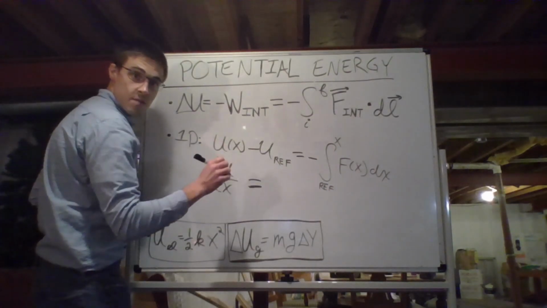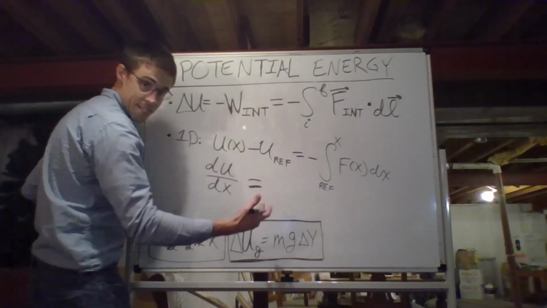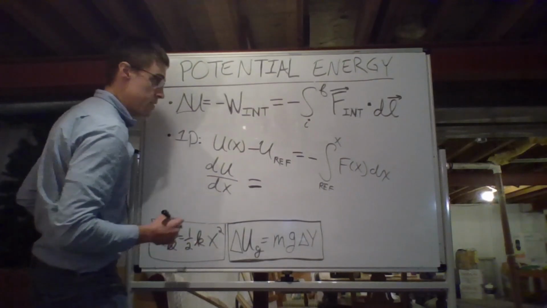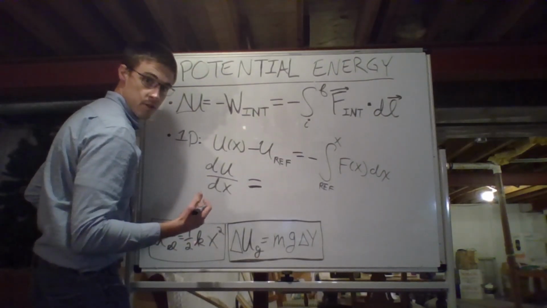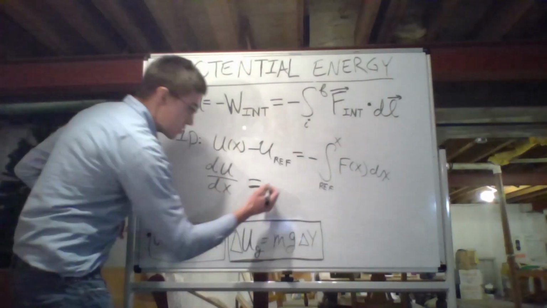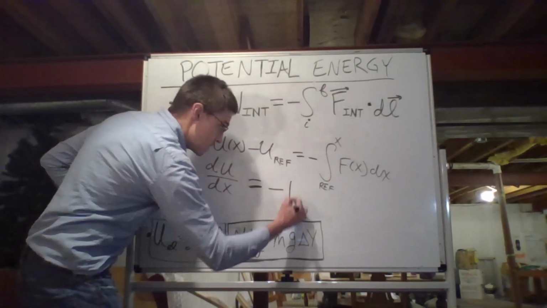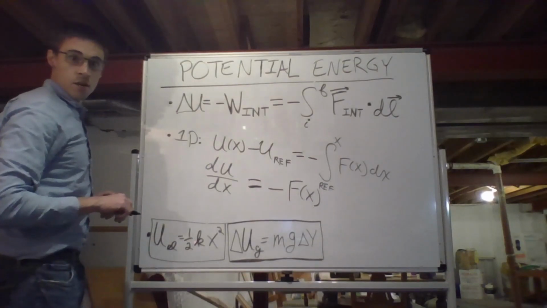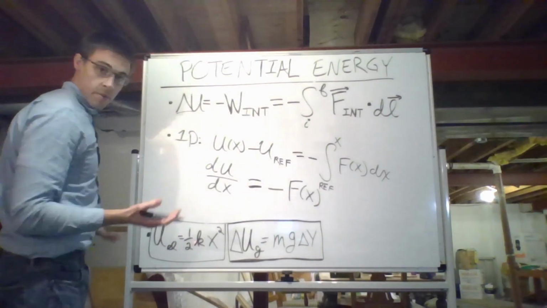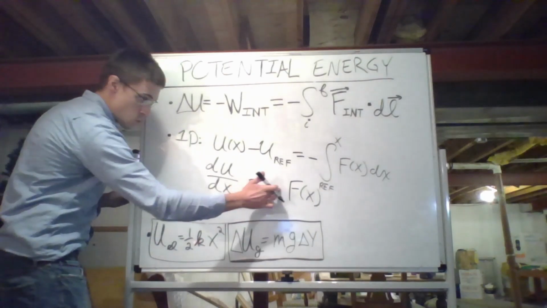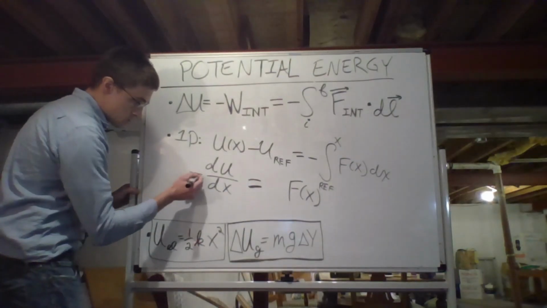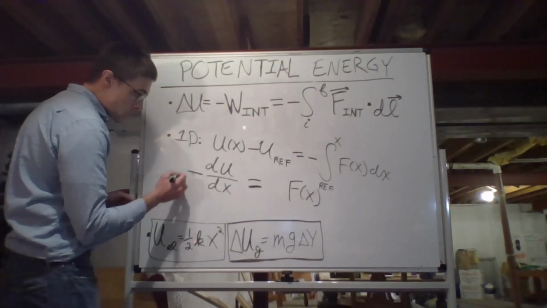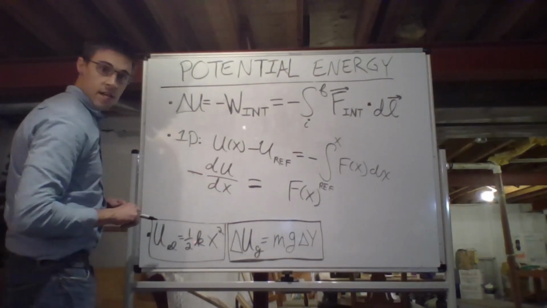The derivative of an integral, or an antiderivative, is just the function inside of the integral, otherwise known as the integrand. So I have minus f of x there. If I just multiply by minus 1 on both sides, you'll see how force relates to potential energy. Force is equal to minus dU/dx.